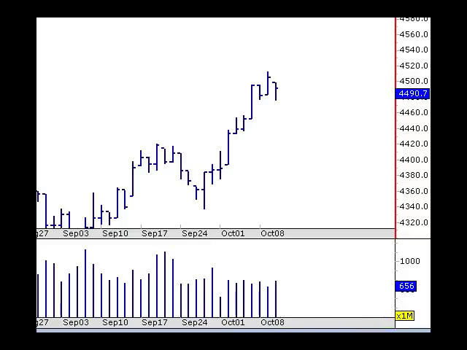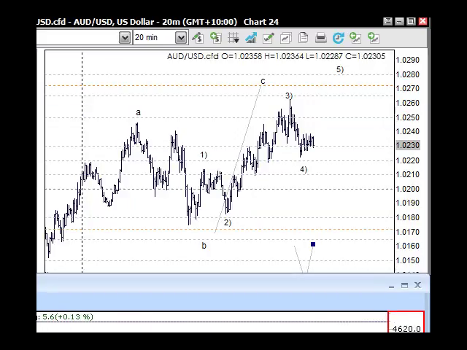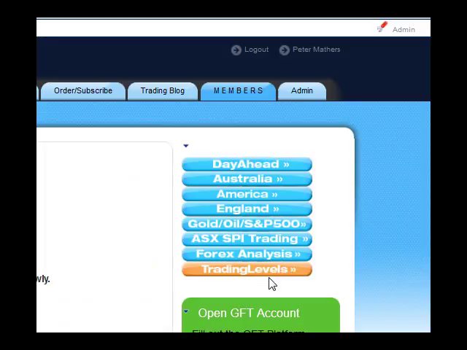So, alrighty, well, that's it. Just one more thing as well. I have started to make a bit of an effort on the trading levels Elliott wave for the Australian markets here. So this tab here is starting to come into play a little bit.